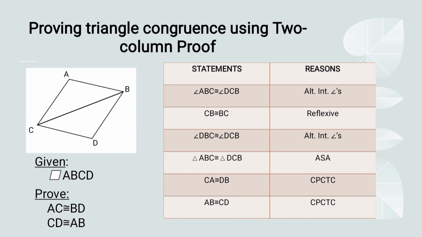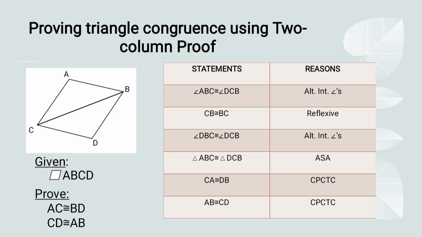Since we said that this triangle and this triangle share this side, we can say that this is congruent by the use of the reflexive property. Our next statement is angle DBC is congruent to angle DCB, and our reason is alternate interior angles also.